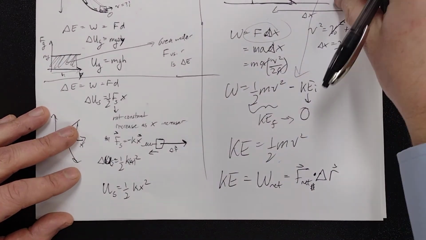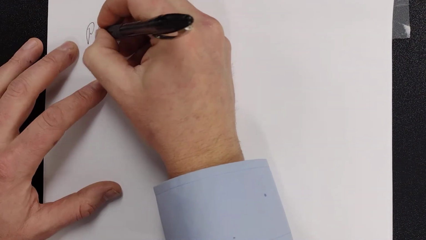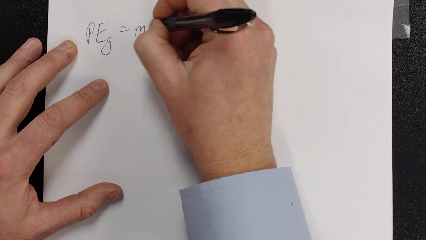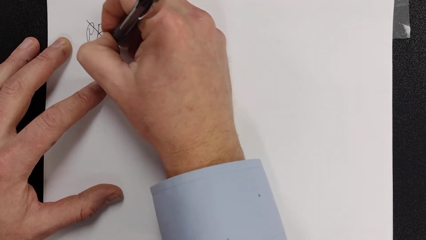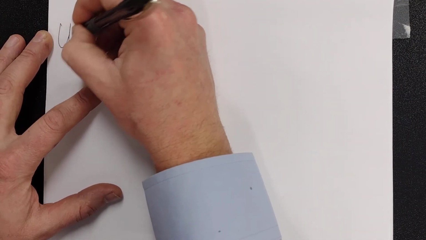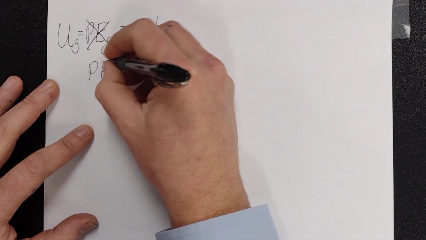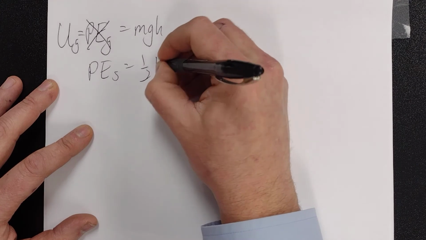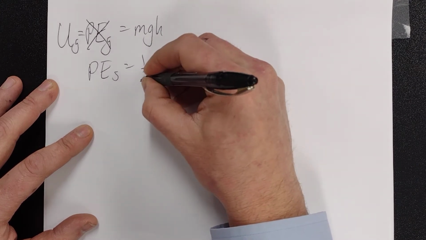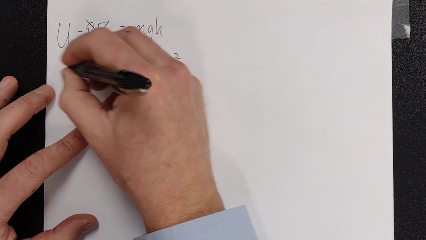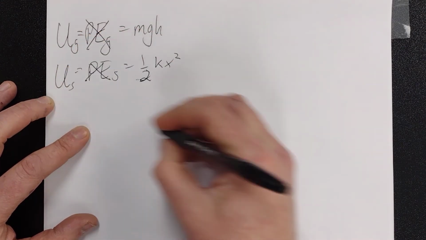So, just to wrap things up, the basic energy equations: PE gravity, mgh, which we're going to call U sub g. PE spring, 1/2 kx squared, which we're going to call U sub s.